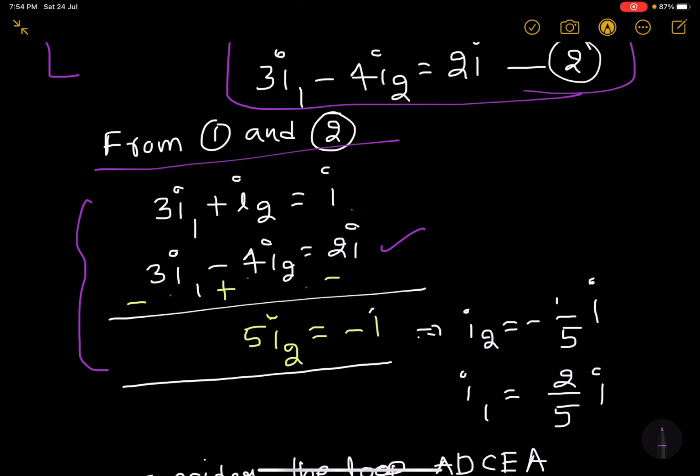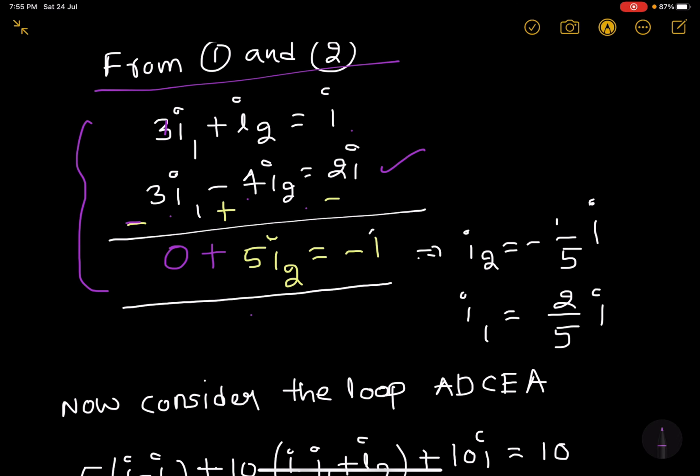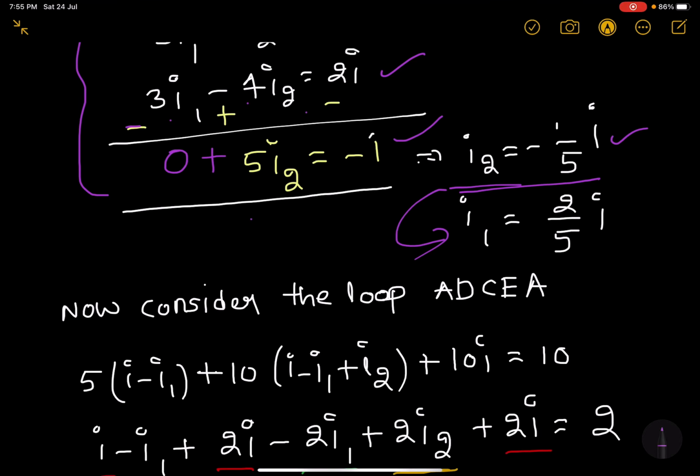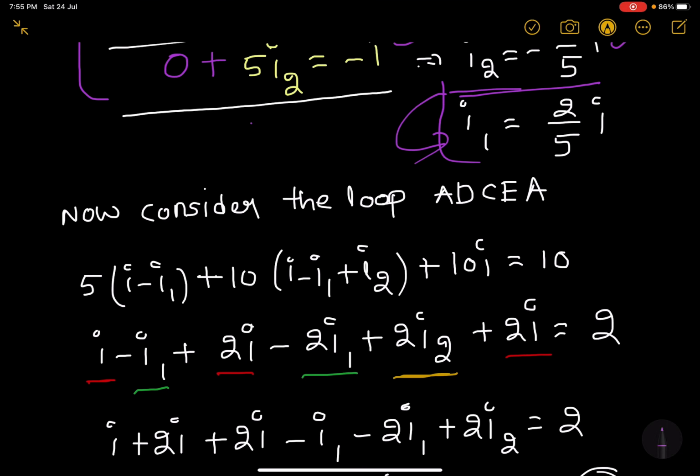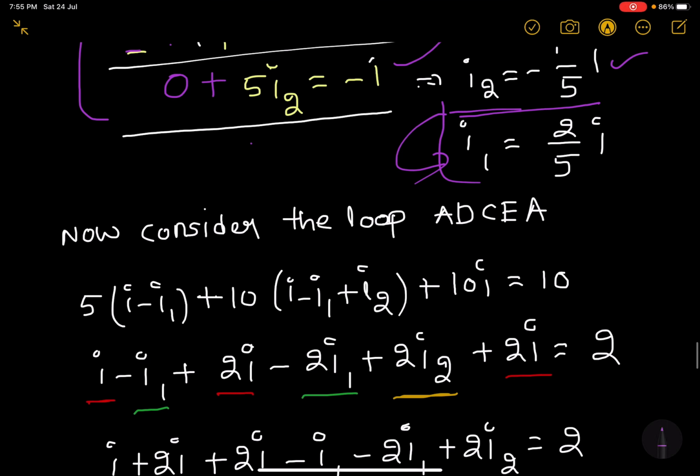We want to cancel the I1 terms, so subtract. Then we get 5I2 equal to minus I. So I2 equals minus 1 by 5 into I, and I1 is equal to 2 by 5 into I. So now we have I1 and I2.